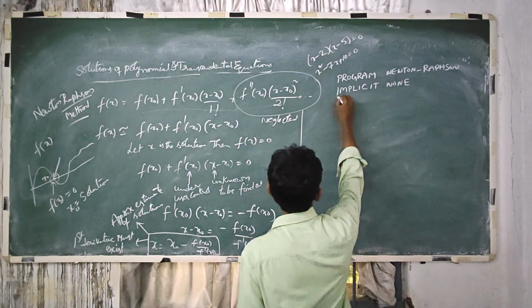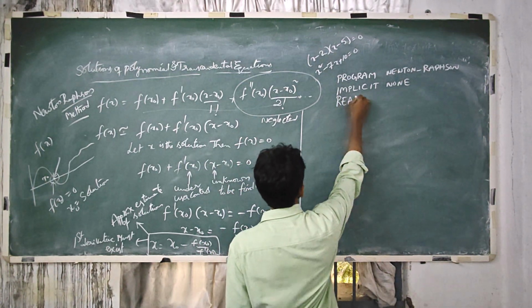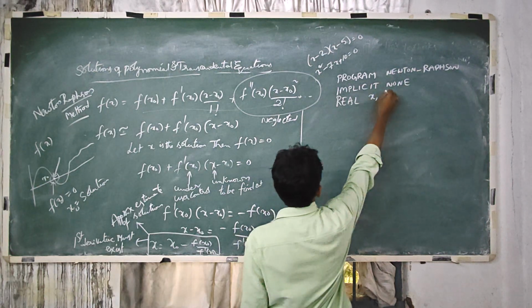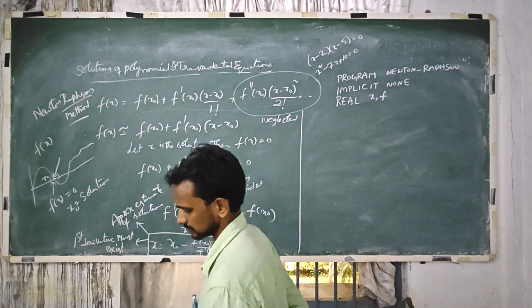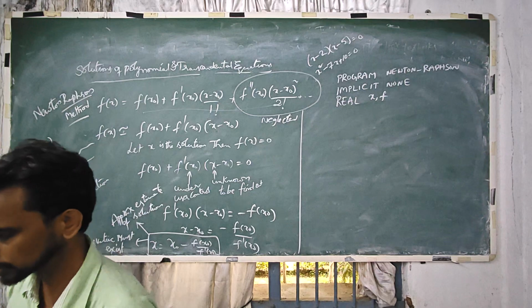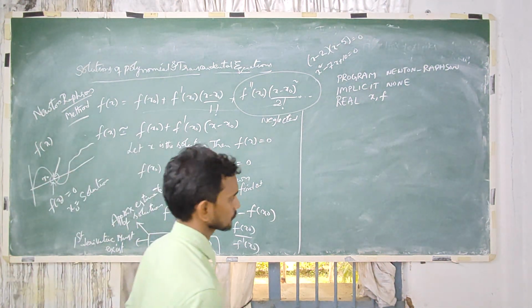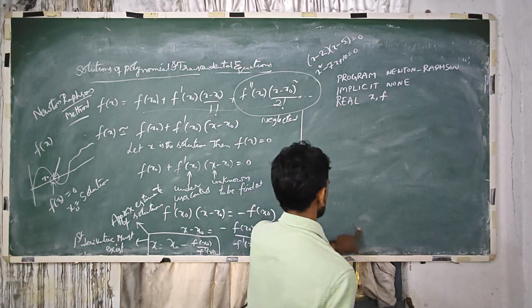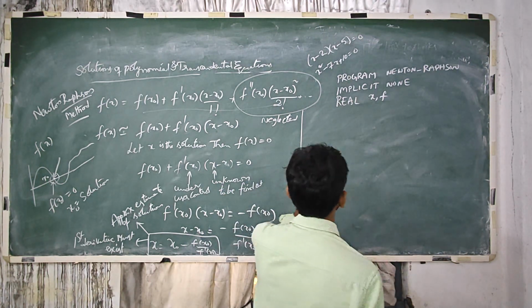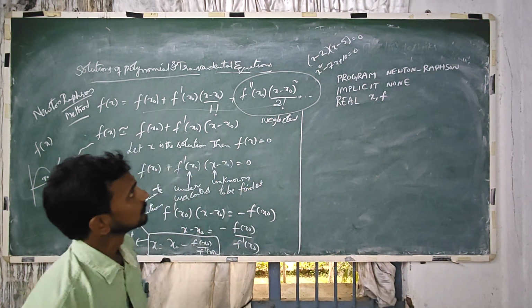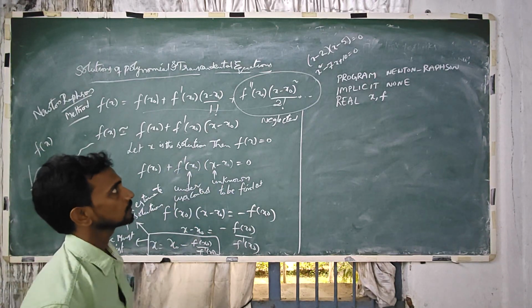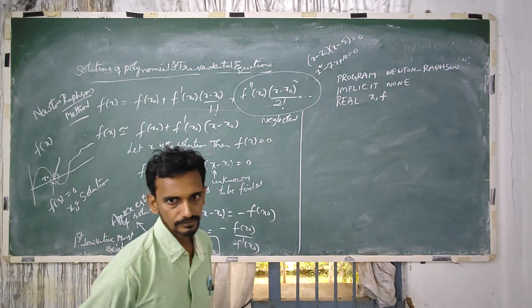The variables that I need are x and f of x. These are my two variables. I'll define the function later. So f is equal to x square minus 7x plus 10.